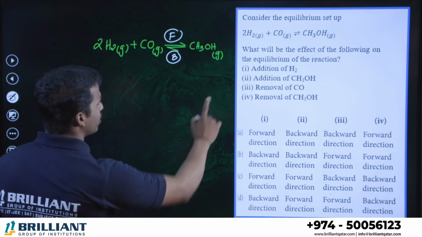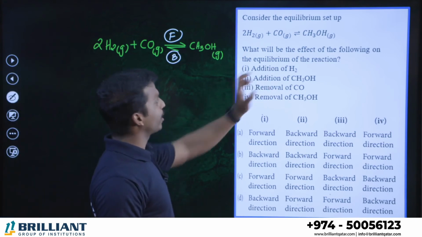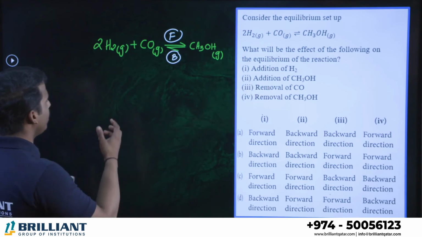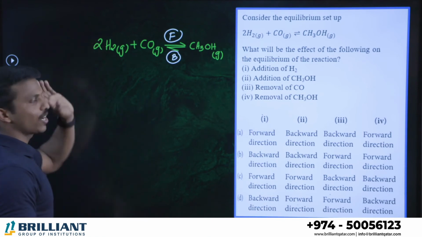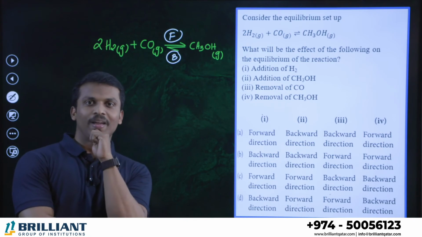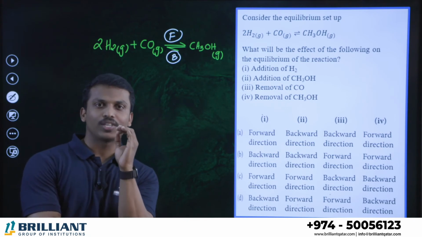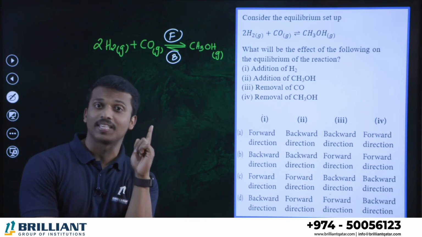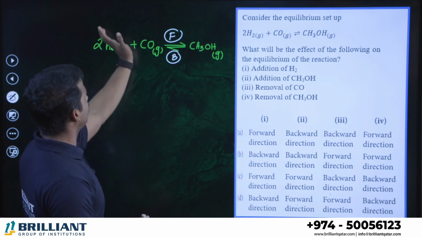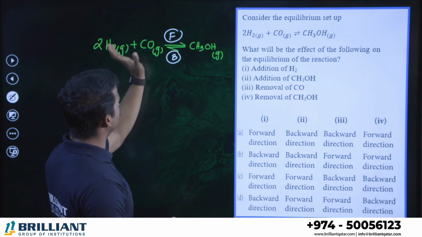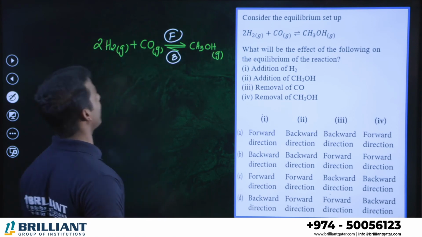Alright. First, addition of H2. When you add some more hydrogen, which reaction can happen? When you increase the concentration of hydrogen, here it is a reactant. We studied that when reactant concentration increases, the forward reaction can happen.